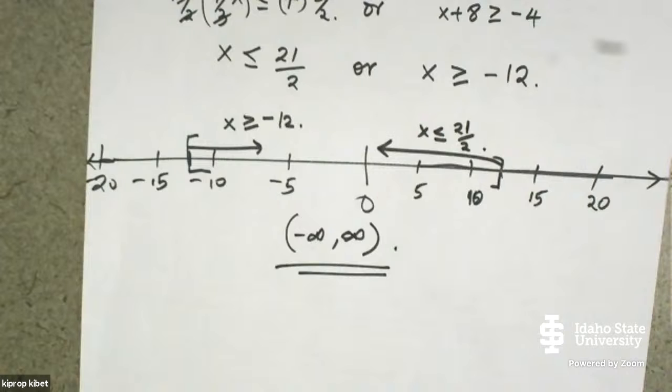And this one is also going to infinity, so anything, even including this one, is satisfied. Correct. So if it was just x greater than negative 12, or x less than 21 over 2, and since it's "or", does "or" ever have no solution?